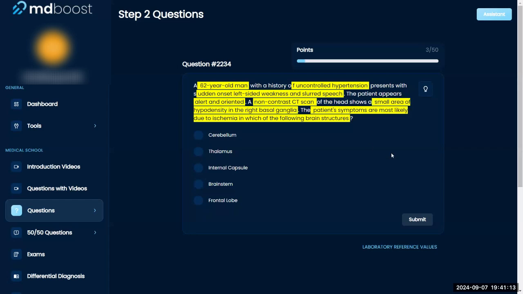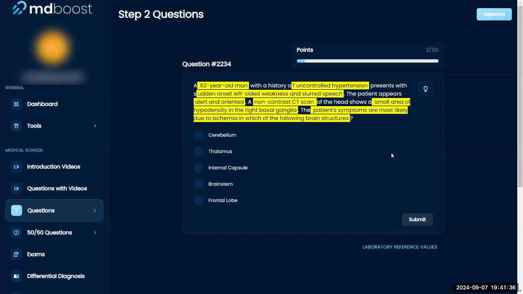All right, well, if he has a hypodensity there in the right basal ganglia, he has left-sided weakness, slurred speech. Okay. Due to ischemia, which of the following brain structures?